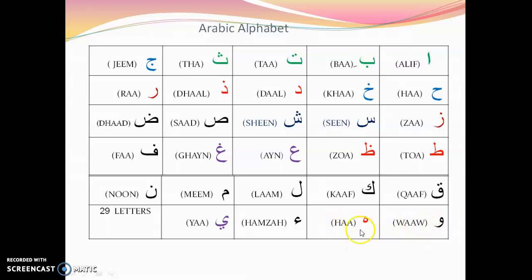Ha. This is a big ha, a small ha. This ha is written in the middle of a sentence basically, and this is the end form ha. Hamza. Hamza basically makes a sound.